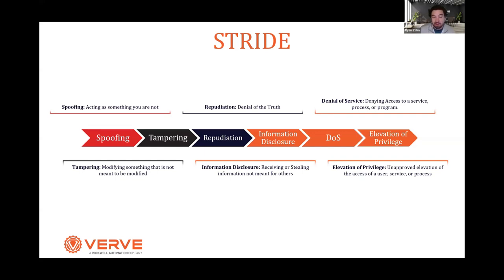STRIDE is an acronym that stands for spoofing, tampering, repudiation, information disclosure, denial of service, and elevation of privilege. Most of you probably understand what these terms mean. Spoofing is acting as something that you are not, so spoofing IP addresses, spoofing data, spoofing a service, etc. Tampering is modifying things that should not be modified, or that you shouldn't have the ability to modify.